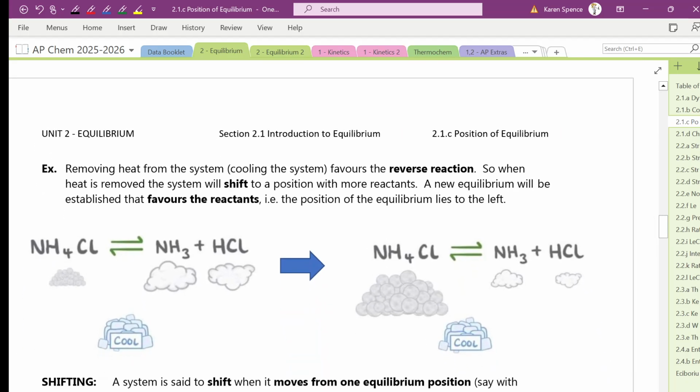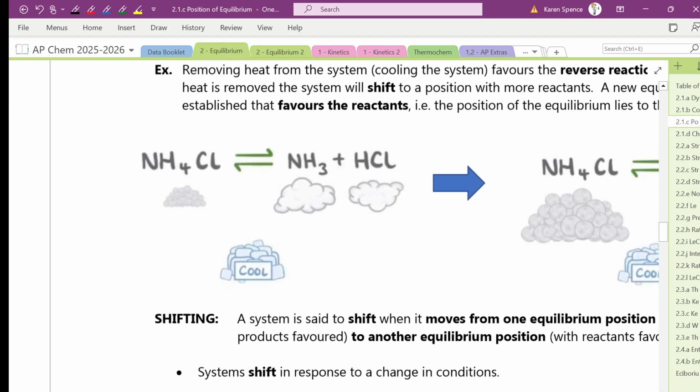Now, guess what's going to happen if we cool the system? Well, if we decrease the temperature, we have our initial equilibrium. And number two, we decrease the temperature. We have changed the conditions, so what happens?